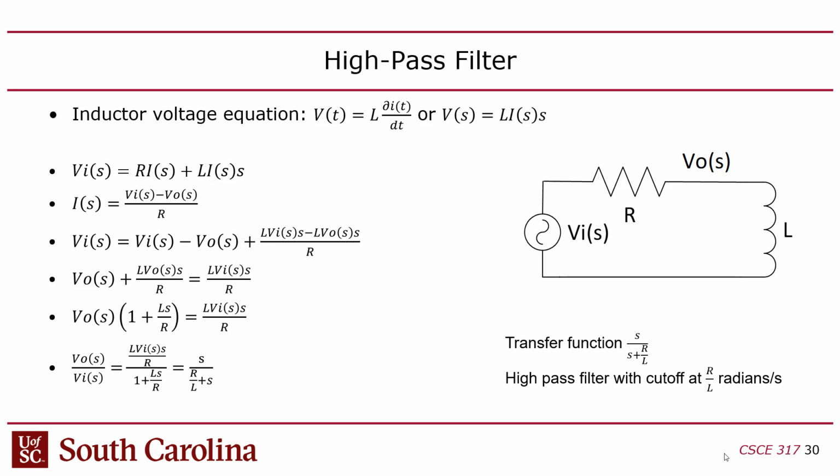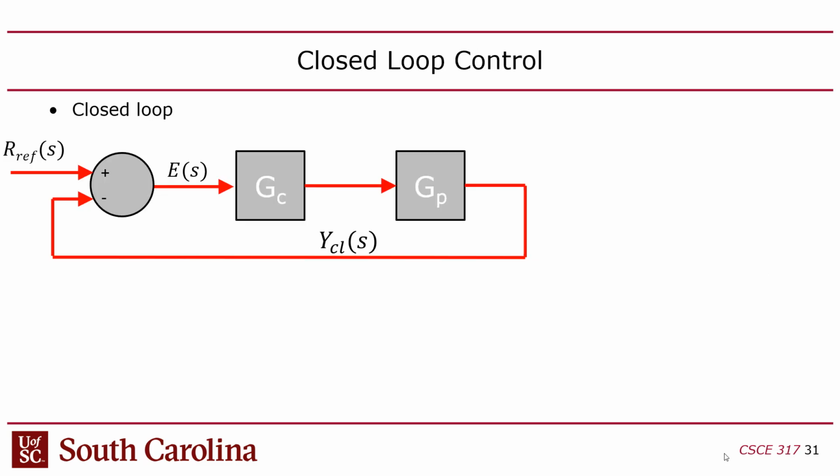In order to convert that to hertz, you have to divide by 2 pi, right? Divide or multiply? Divide. Divide by 2 pi, right? So anyway, in this case, if you design that with R and L, the high-pass cutoff is R over L. So it just passes high frequencies and it attenuates low frequencies.